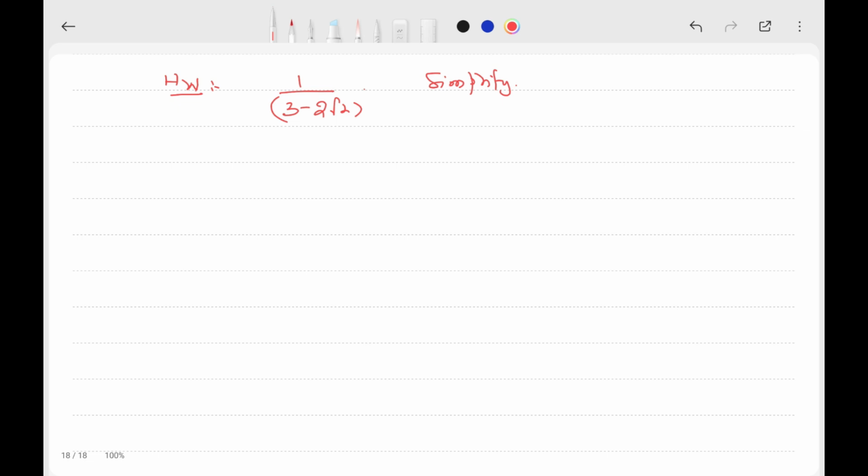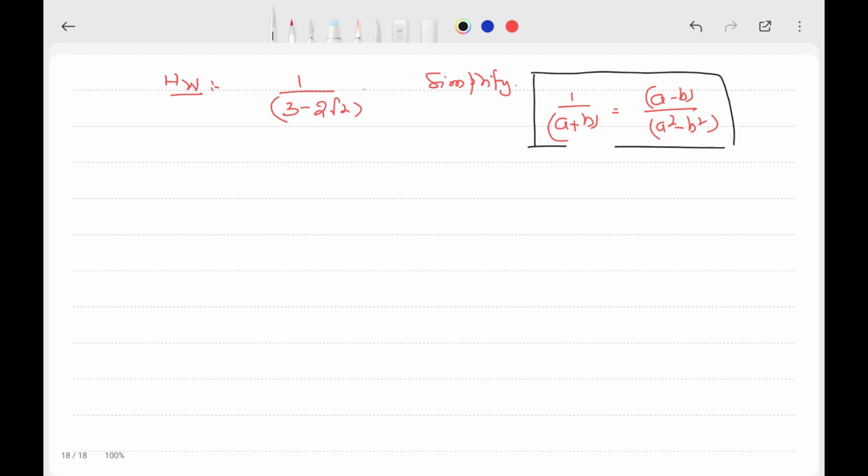From the formula what I have told, 1 by a plus b is equal to a minus b by a square minus b square. This formula you use. This is the hint. You simplify this value.